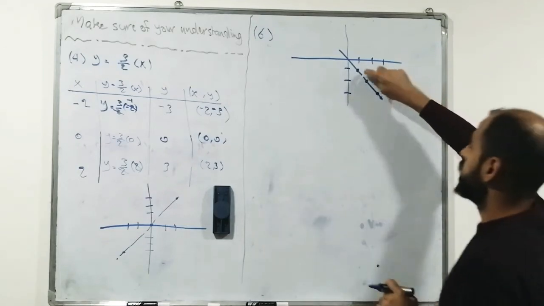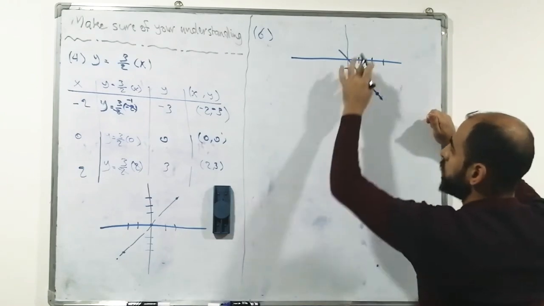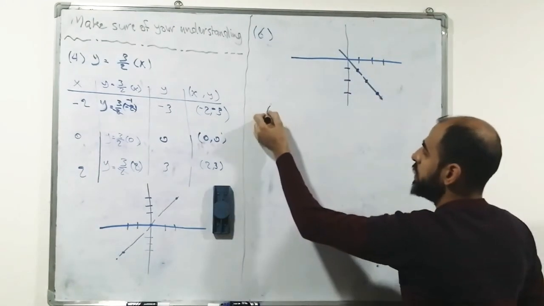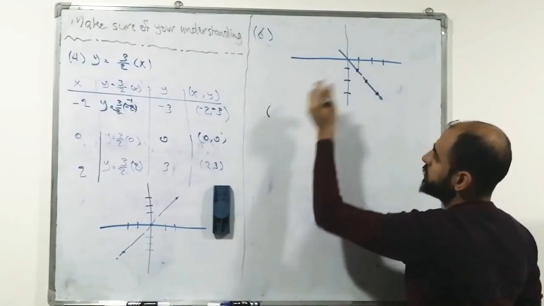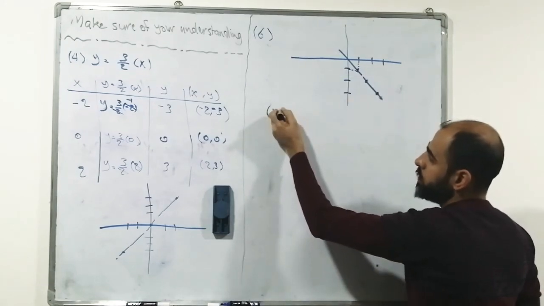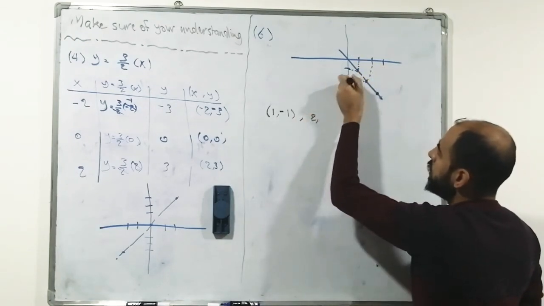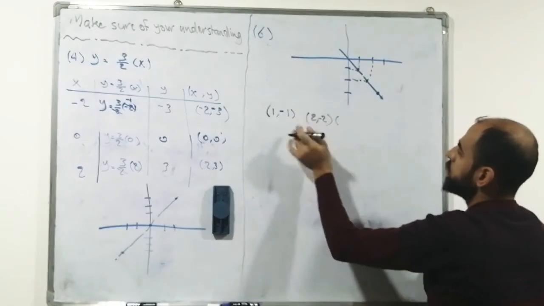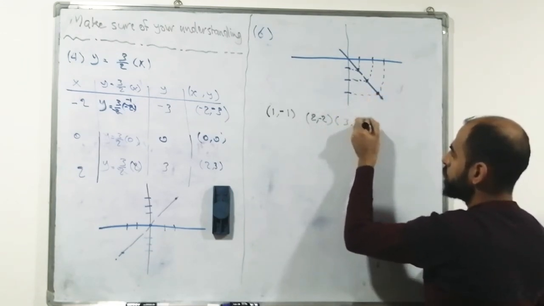First we determine the value of each order pair, first x, then y. Here x is 1 to the right, positive, and y is one step downward, -1. The second order pair: x is 2 and y is -2. The third order pair: x is 3 and y is -3.